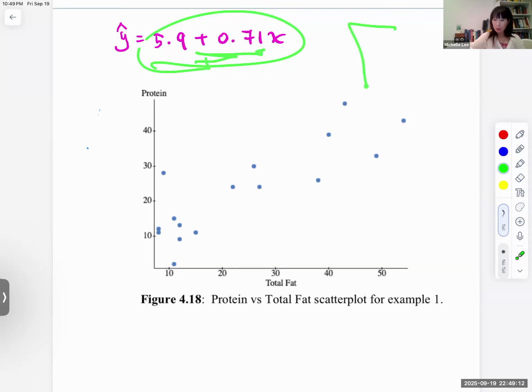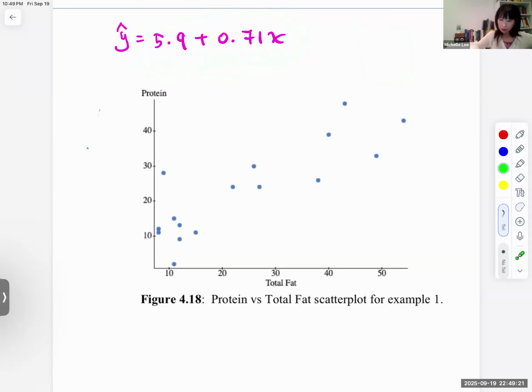We make a table. We pick any random number for x, then we get the y value. So let us do that. I want to do x equals 10 and x equals 50, two points. Then we have the y values, and we connect the two points. That is the regression line, okay?